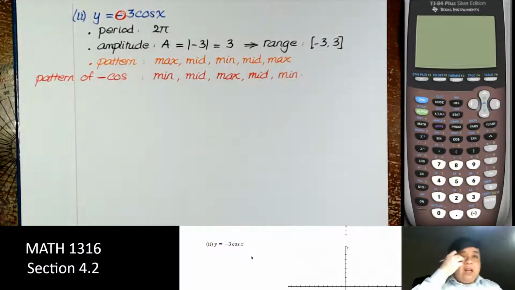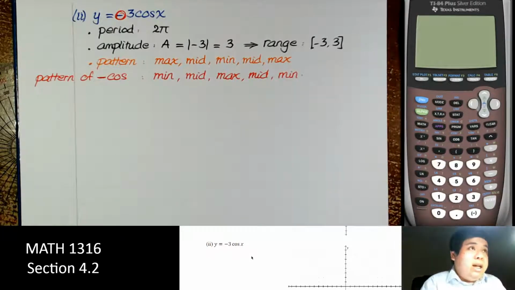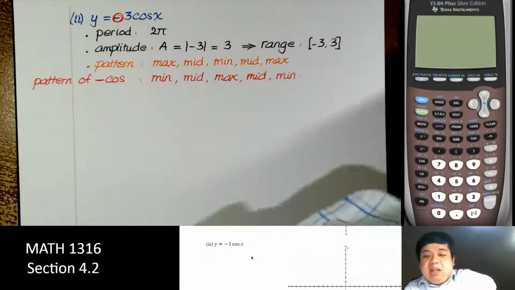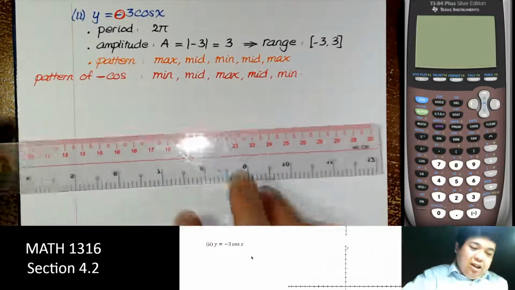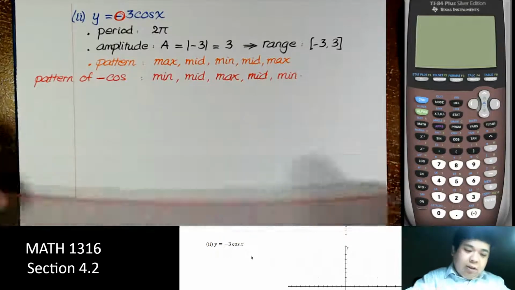So pretty much if there's a negative, the maximum becomes the minimum and the minimum becomes the maximum, and the middle will stay in the middle. So that is the pattern of negative cosine x. Every time we have a negative, max is min, min is max, middle stays middle.